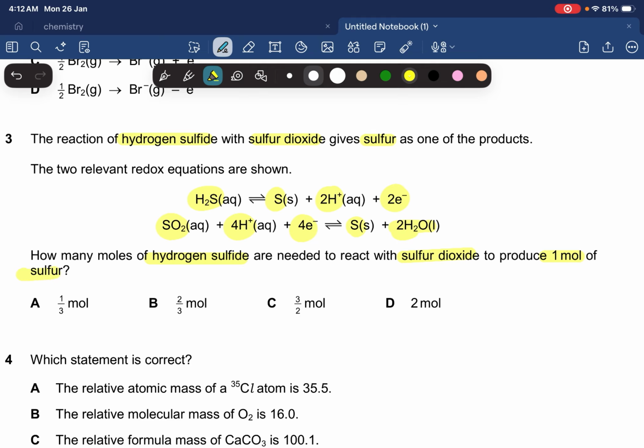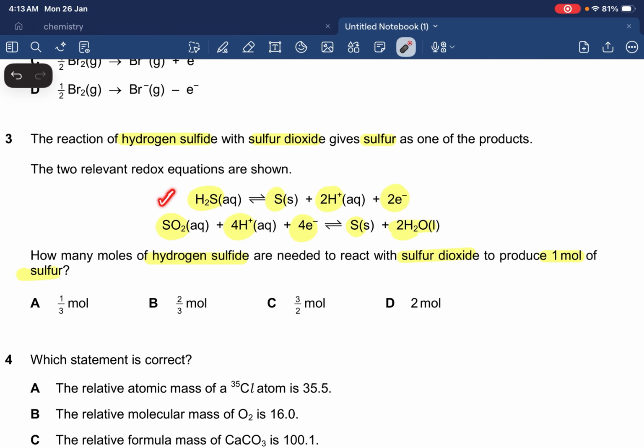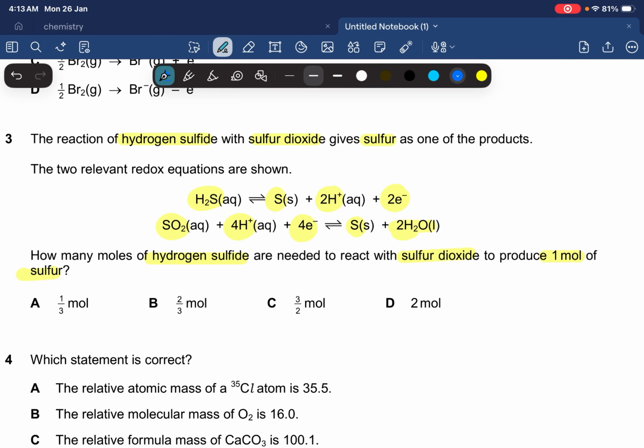So the first things first, you can see that two half equations are given. One is the equation for the loss of electrons. Two electrons are being lost, and this equation is for the gain of electrons. So the upper equation shows the loss of electrons, which is known as oxidation in chemistry, and the lower equation shows the gain of electrons.